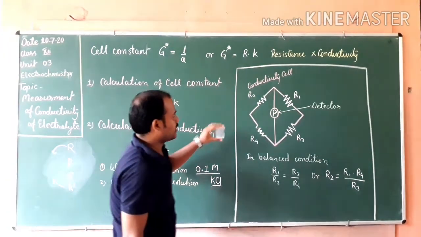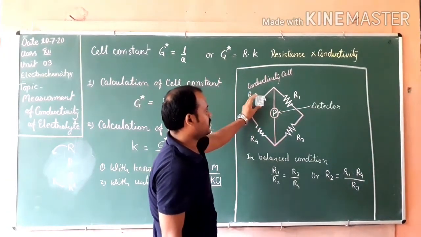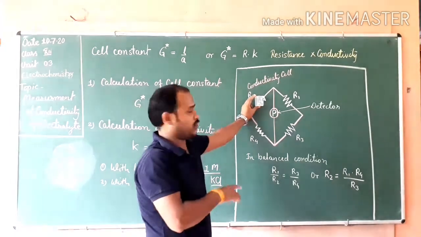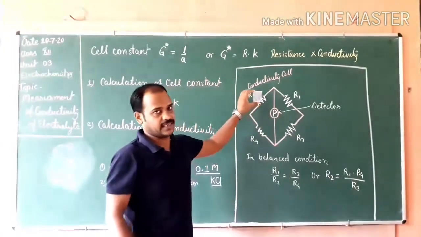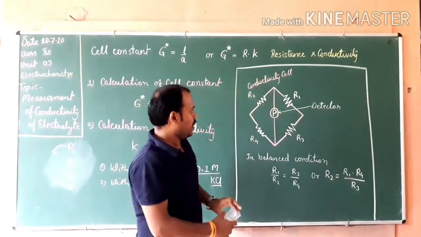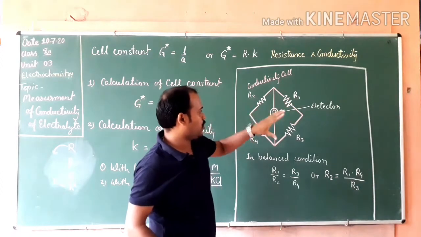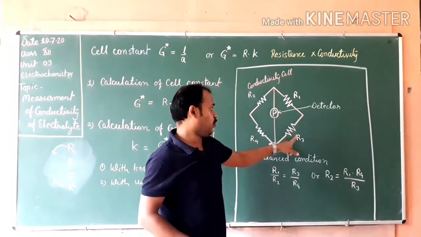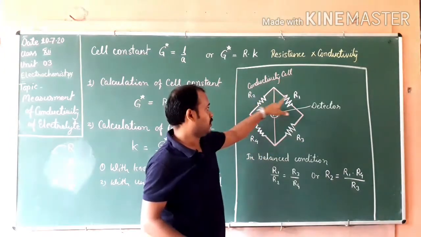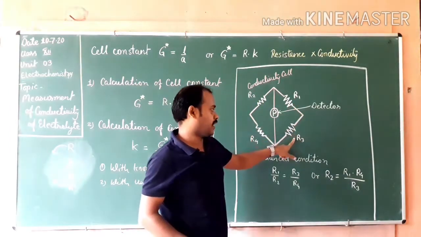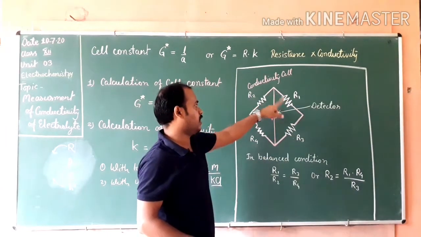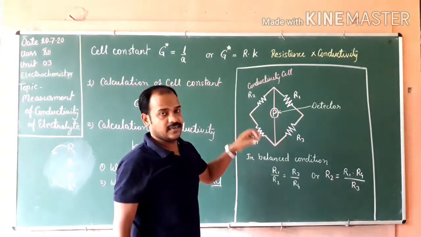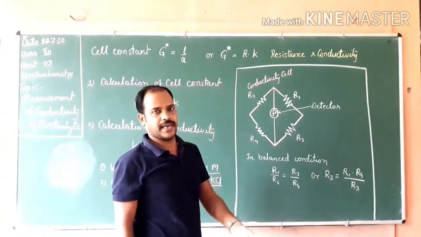Then this conductivity cell is placed in a Wheatstone bridge. You can study the Wheatstone bridge in physics in detail; here I am explaining it very briefly. Here we use 4 resistors: R1, R2, R3, R4. We take these resistors in series and parallel combination.